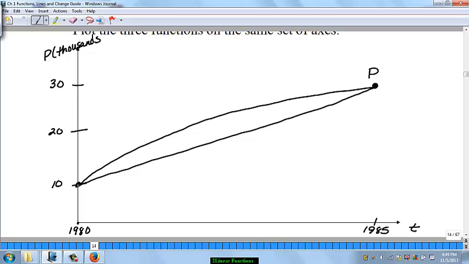So this right here was Town Q. Town S started at 10, and it grew slower, but then it sped up and still ended here. So this is just a rough estimate where you can see these two are not lines because their rates of change have changed. This one was a constant rate of change of 4,000 per year, so it made a straight line.